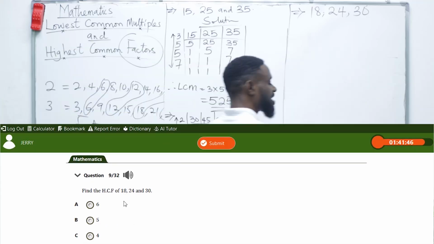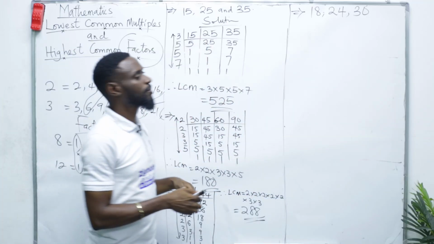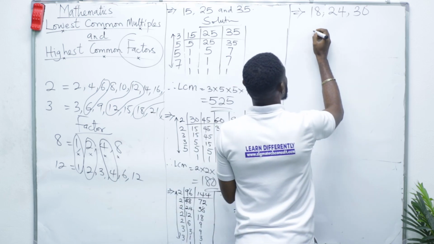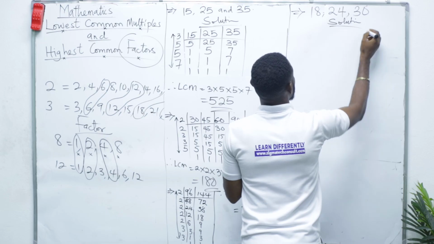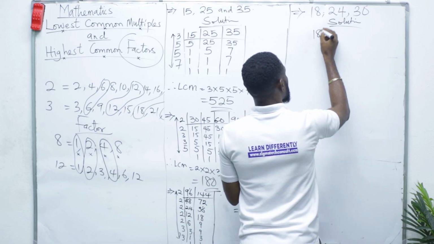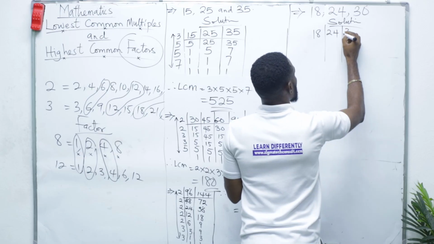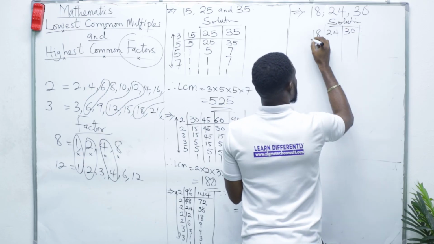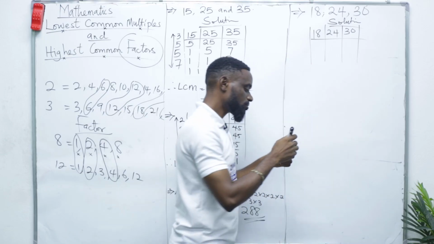18, 24, and 30. The same thing we did here, the same method, we can also apply that method here, okay? Now, we have the solution to be 18, 24, 30. Now look at now.